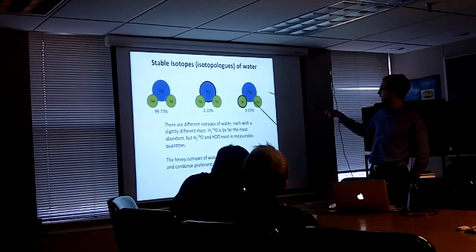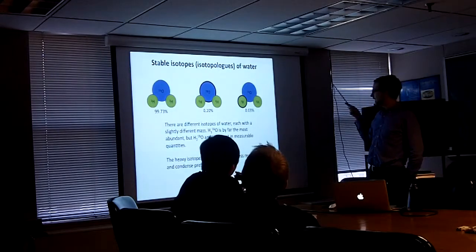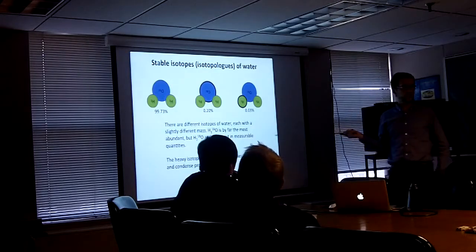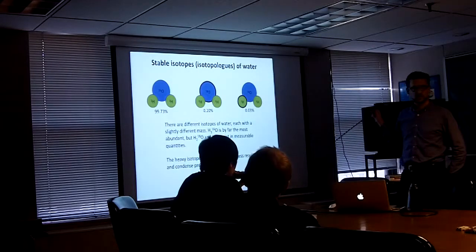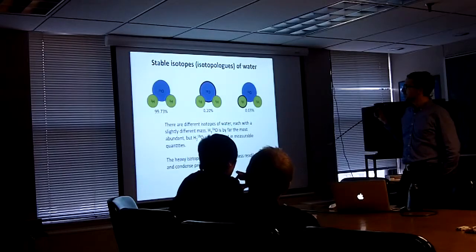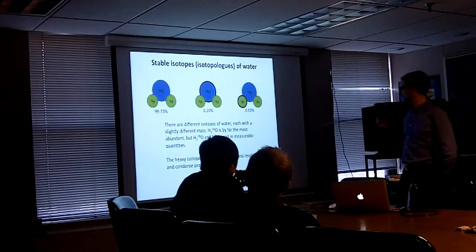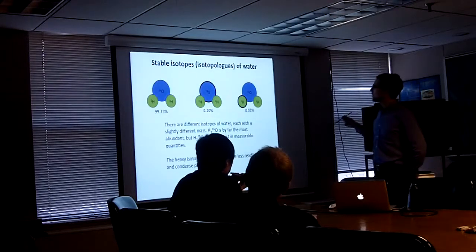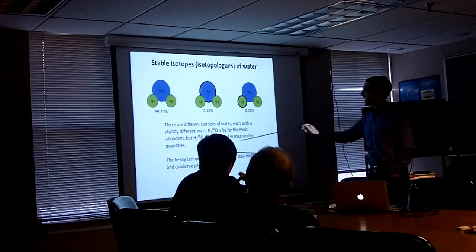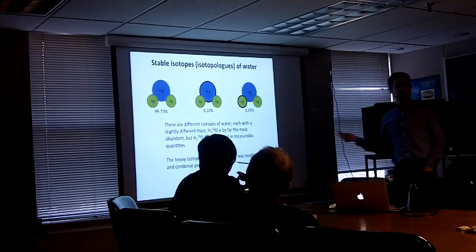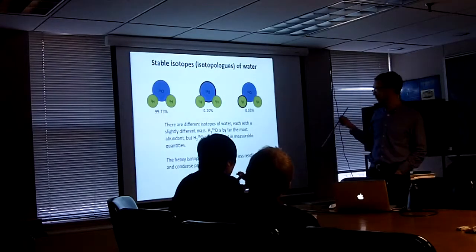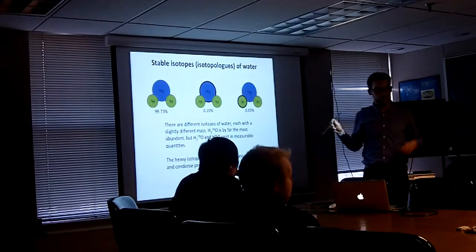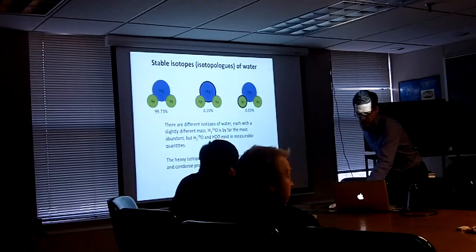The rare heavy isotopes evaporate less readily but condense more easily. And so over the lifetime of an air mass, for example, all of that fractionation, we call it, will print upon the moisture an isotopic signature, which can be different from the overall moisture amount.